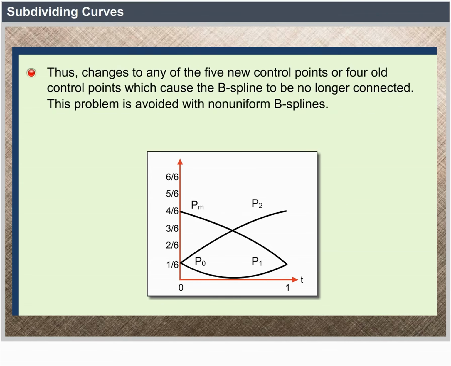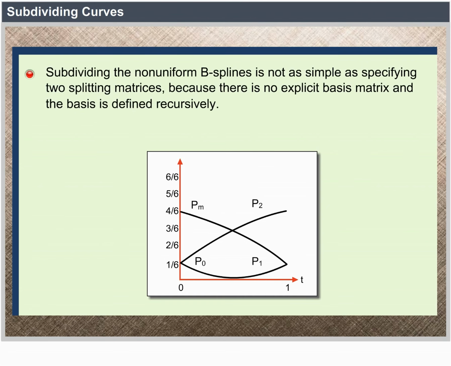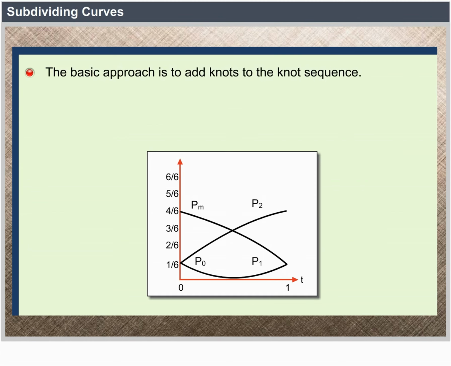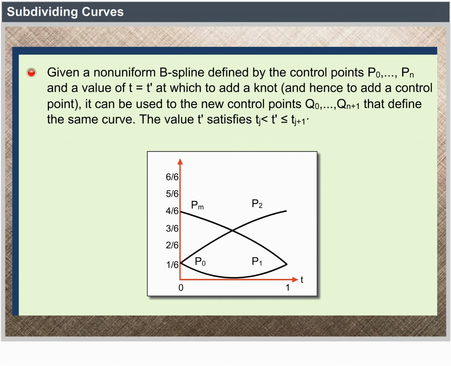Subdividing non-uniform B-splines is not as simple as specifying 2 splitting matrices because there is no explicit basis matrix. The basis is defined recursively. The basic approach is to add knots to the knot sequence. Given a non-uniform B-spline defined by the control points P0 to Pn and a value of t equals t' at which to add a knot and hence to add a control point, we want to find the new control points Q0 up to Qn+1 that define the same curve.